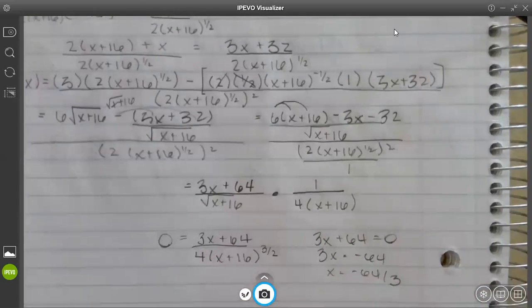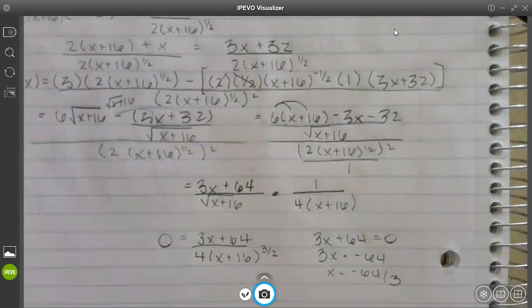Why? There's going to be 2 reasons. We either did the derivative wrong, which I don't think we did, or what? Is that right? Good. There's no inflection points. The other reason is because we're doing x square root blah, blah, blah.